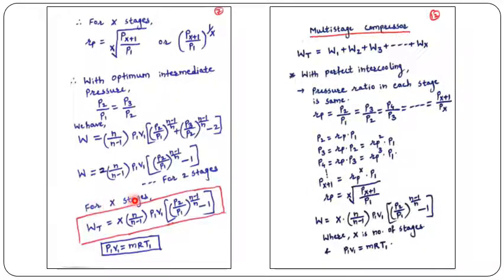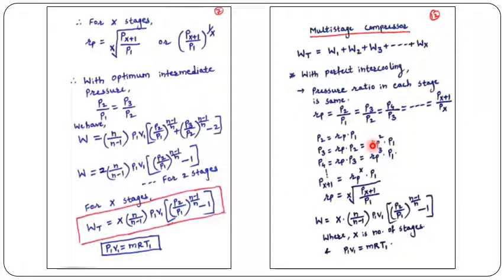So, for x number of stages with perfect intercooling and optimum intermediate pressure, you can write total work as x into the work required for any one of the stages, and generally we consider it to be the first stage. So, this expression can be used for obtaining the work required in the multi-stage compressor. And if you do not know volume, you can use temperatures. So, you can just equate PV equal to mRT, and then you can obtain this value of work done.